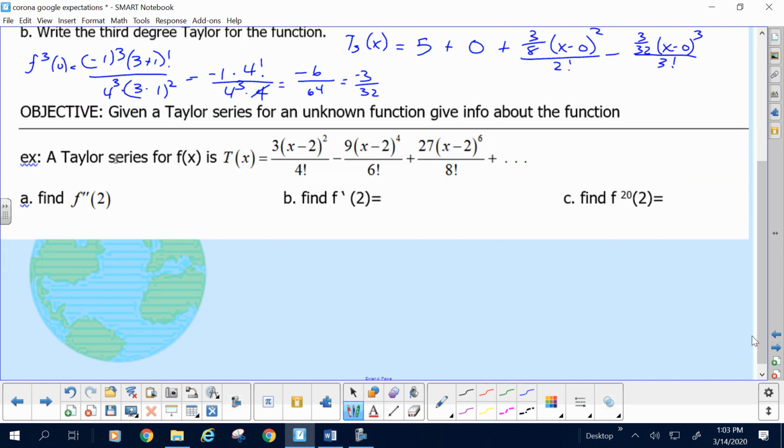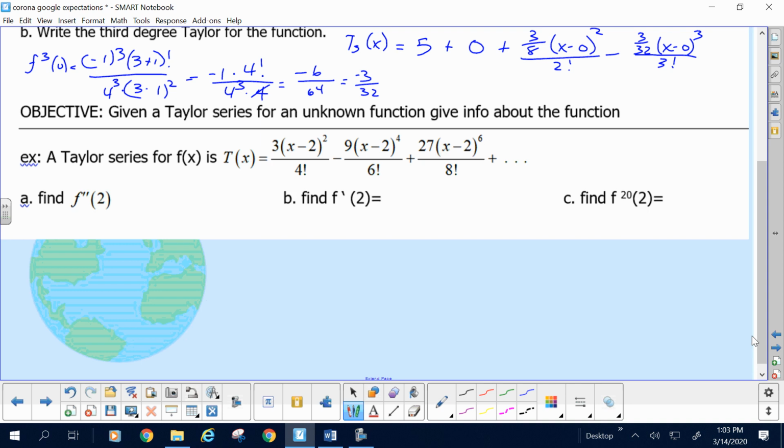All right, now these take some skill, they take some practice, and once you learn the approach, they're not too bad. They're very common multiple choice. So, it goes like this. Based on what you see in a series, you should be able to extract information about the derivative.